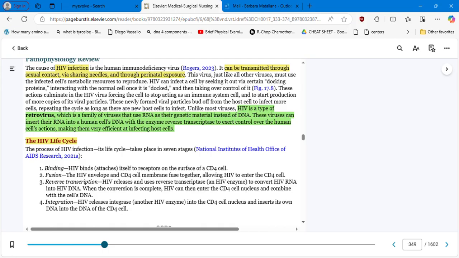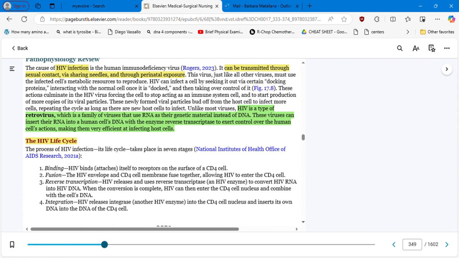They invade our cells and use our DNA to start reproducing, right? These viruses can insert their RNA into our human cells' DNA with the enzyme reverse transcriptase to exert control over the human cells' actions, making them very efficient at infecting host cells.